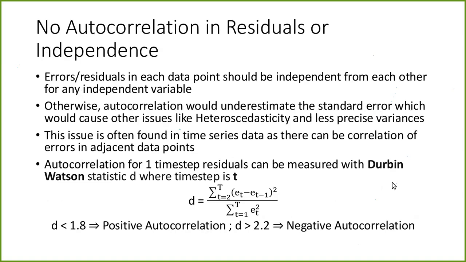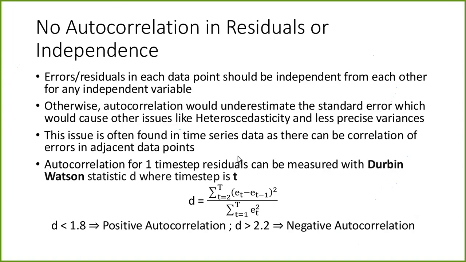The other assumption is that there should be no autocorrelation in residuals. Residual means errors, right? Or there should be independence. That means each data point should be independent from other data points, right?